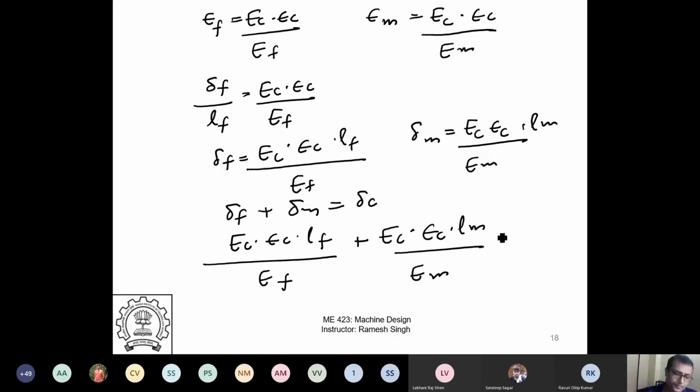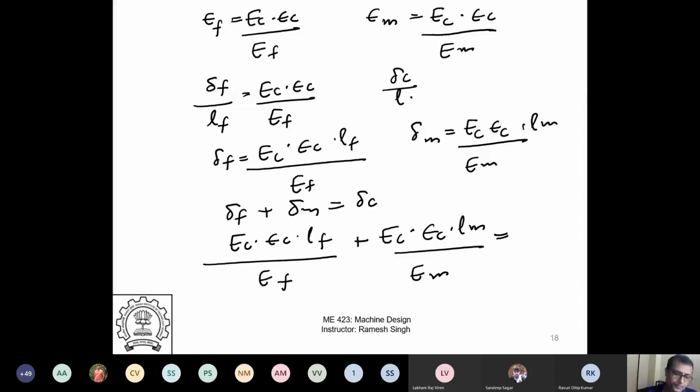Delta C is nothing but delta C. If you want to find the strain, delta C divided by LC, where LC is nothing but LF plus LM.